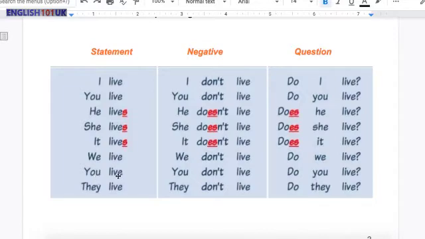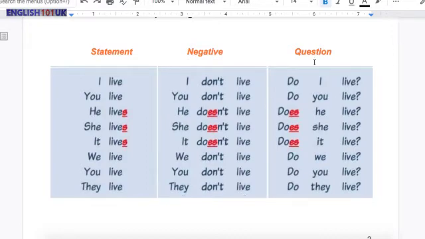This is the statement, it's the affirmative. How about the negative? We have I don't live, you don't live, but he doesn't live, she doesn't live, it doesn't live. Again, we don't live, you don't live, they don't live.